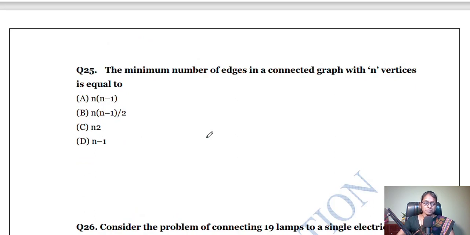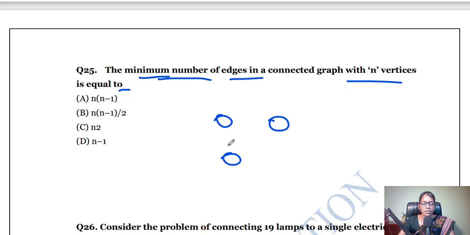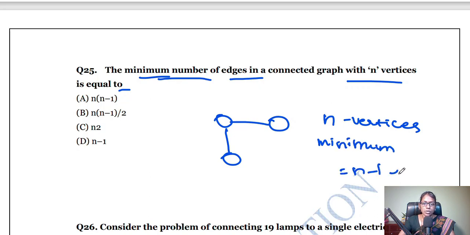See here, the question is the minimum number of edges. Normally they used to ask the maximum number of edges in a connected graph with n vertices, but here they ask the minimum number of edges. If there are 3 vertices, I need 2 edges. If n vertices are there and I want to connect all the vertices, I need a minimum of n minus 1 edges.